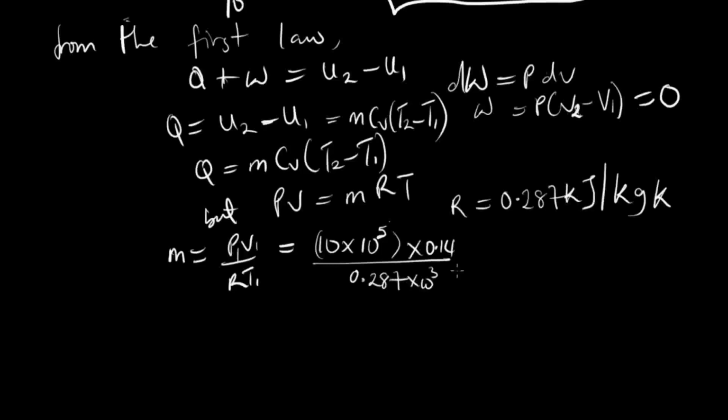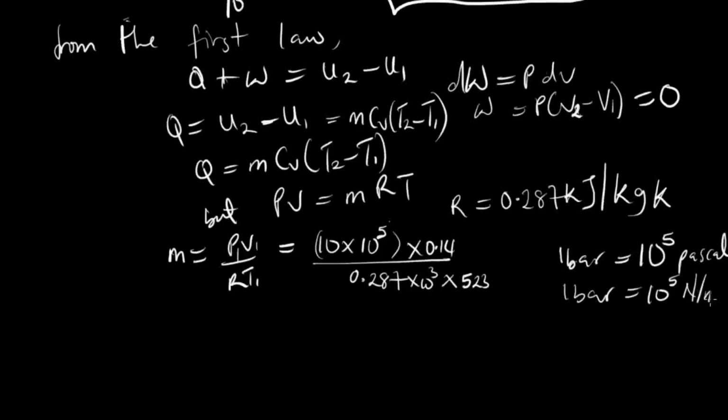See the kilo here. We are writing everything in standard units so that we will not get confused. So 1 bar is equal to 10 raised to power 5 Pascal, that is why the bar became this. You can see also 1 bar is 10 raised to power 5 Newton per meter square.